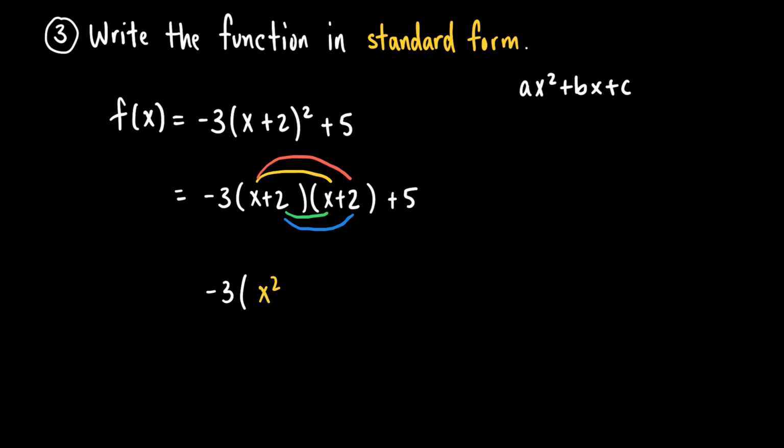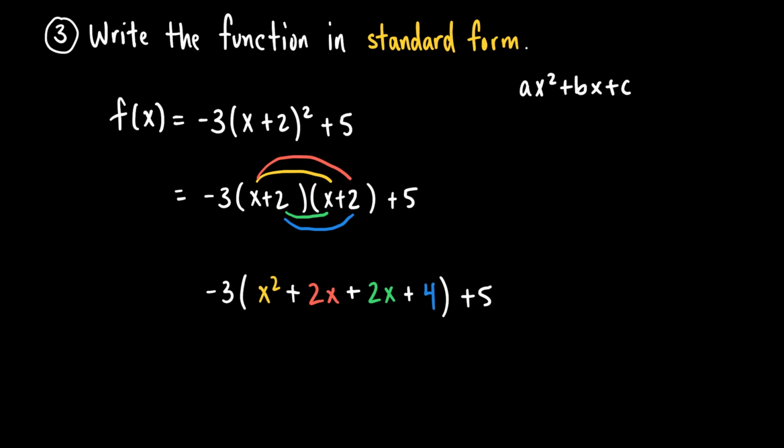So x times x is x squared, and then plus the two red things, x times 2, that'll give you 2x. And then the green, 2 times x gives you another 2x. And then the blue, 2 times 2 gives you 4. So that's this little rainbow thing here. This is what you get when you multiply x plus 2 times x plus 2.